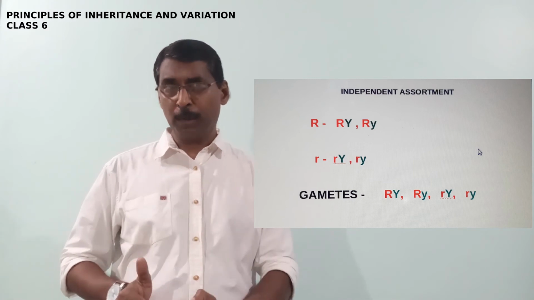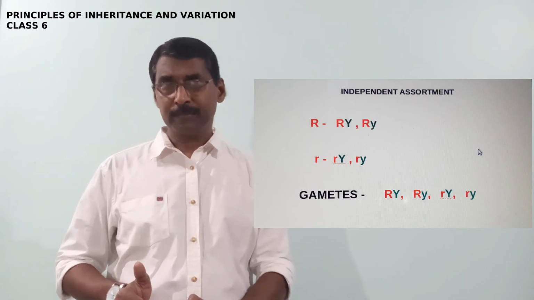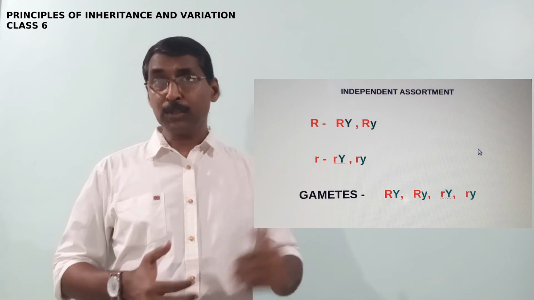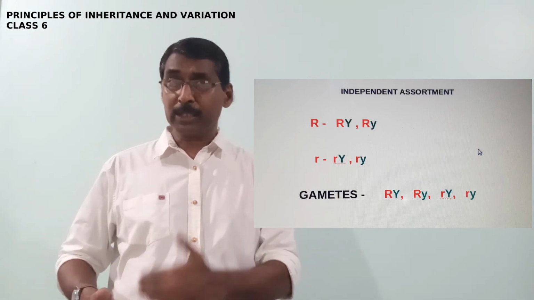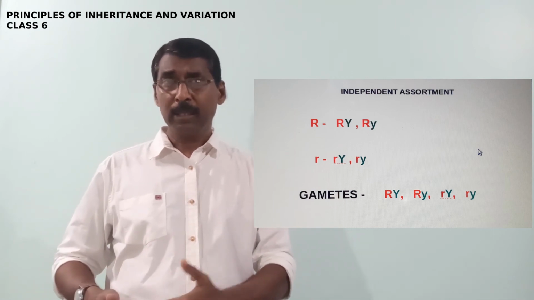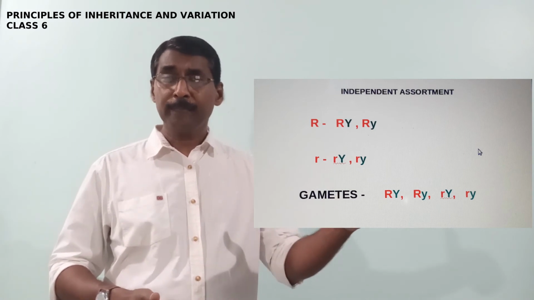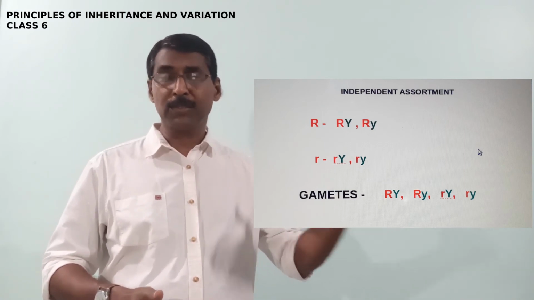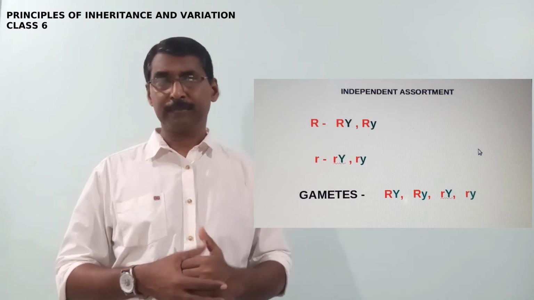Now let us come to the small r, the recessive allele. It is the allele of the shape. It can also assort with the alleles for the color.